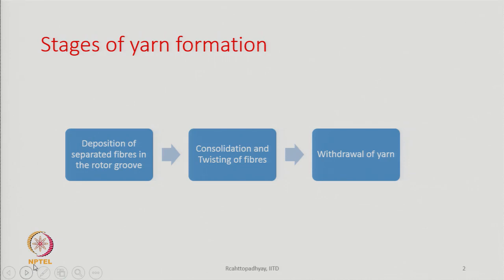Now, once they are settled there, the next stage will be consolidation of these separated fibers. Consolidation is basically due to the centrifugal force which will be acting on the fibers.